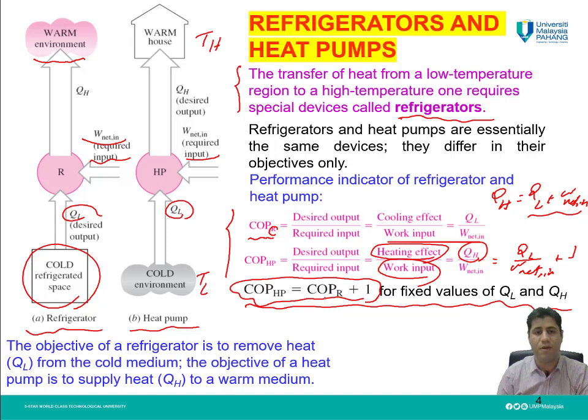This is a relationship between the COP of the heat pump and the COP of the refrigerator, once we have equal QL and QH for the heat pump and refrigerator. And this is important to know the differences between the heat pump and refrigerator.